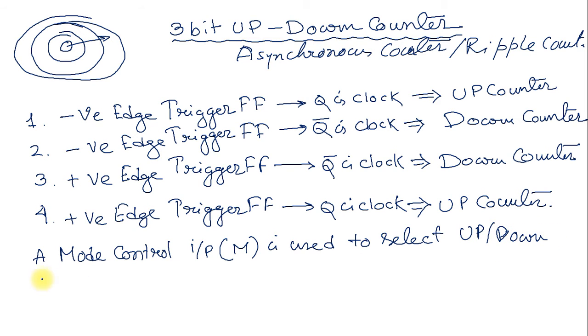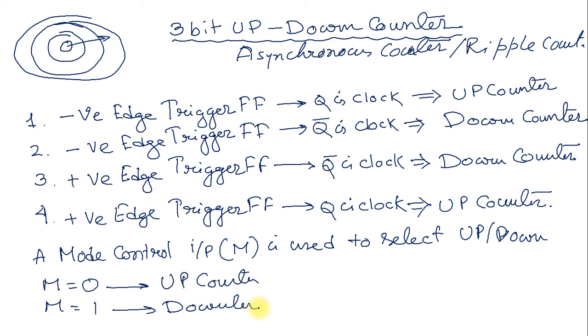As an example, whenever we consider M equals 0, the counter will work as an up counter. When we give the input M as 1, the counter will act as a down counter.